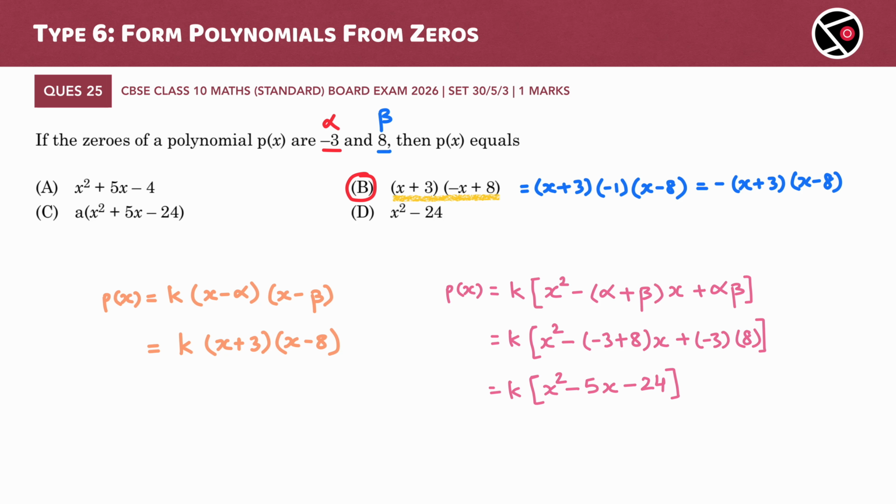Option A is x square plus 5x minus 4. There is no value of k that makes option A equal to p(x). Option A is incorrect. Option C is x square plus 5x minus 24. Again, notice the sign of the middle term. It is plus 5, not minus 5. So option C is also incorrect. Finally, option D. x term is missing here. D is also incorrect. Option B is the only correct choice.